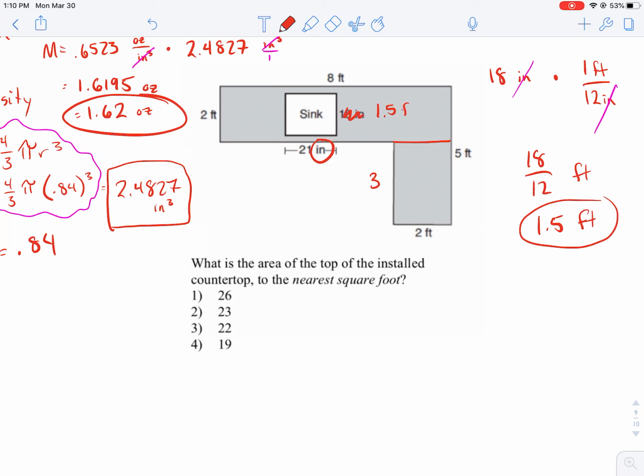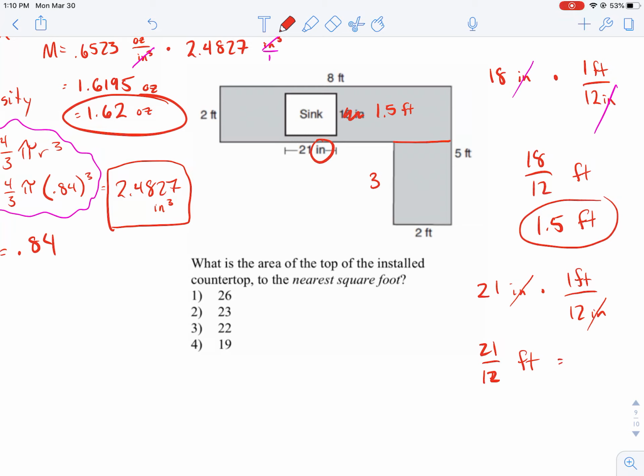That's what that equals right there. So this is actually 1.5 feet. And to convert the other one, it's going to be 21 inches times 1 foot is equal to 12 inches.